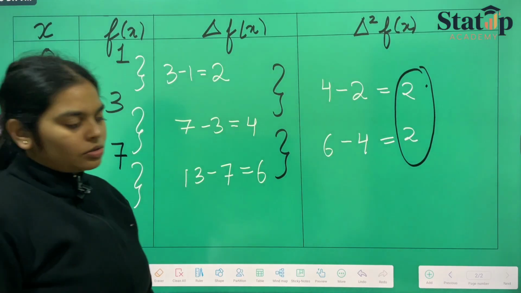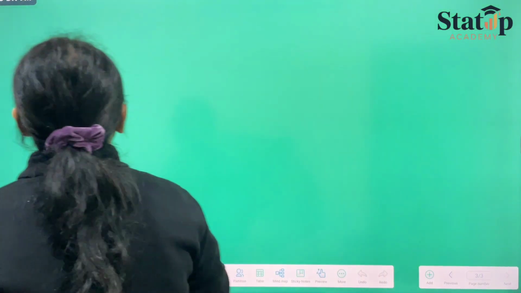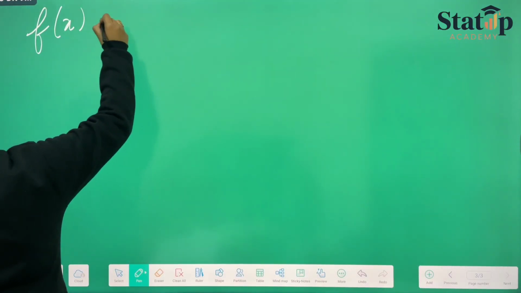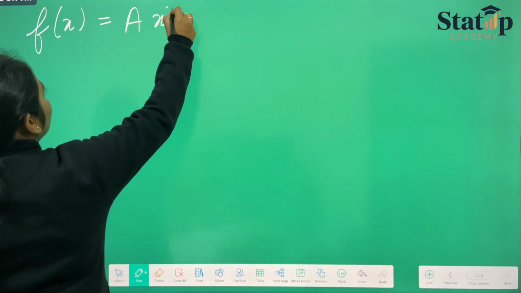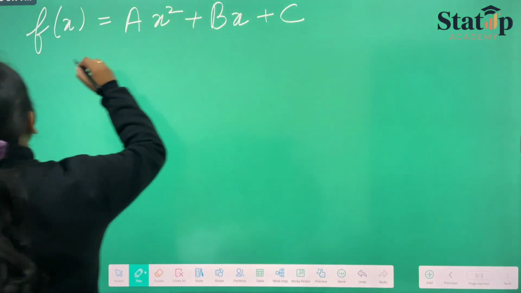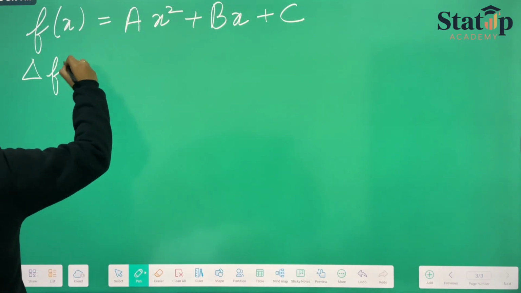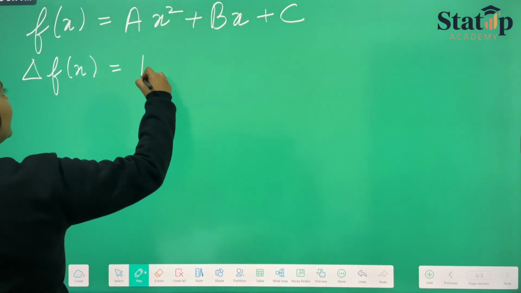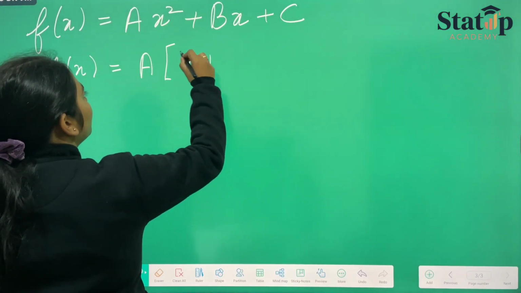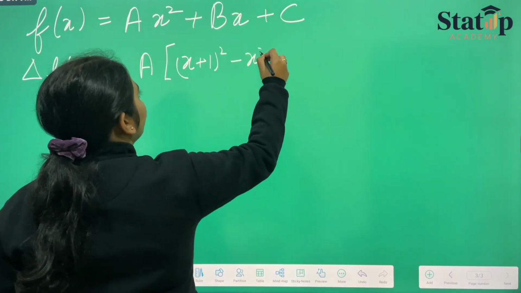Okay, so now since we have taken our fx as ax square plus bx plus c, if we take delta fx, then it will be a into delta of x square, which is (x plus 1) whole square minus x square.